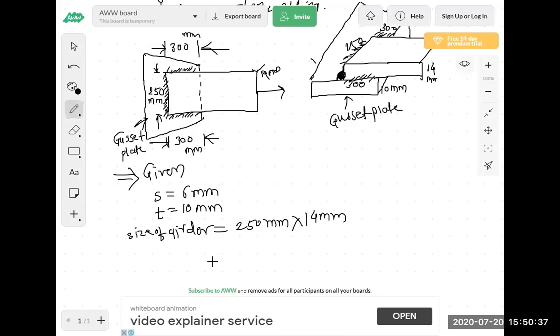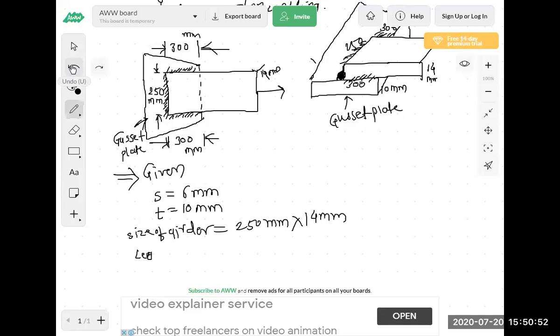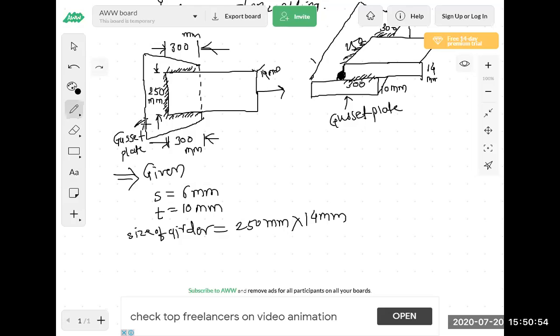Then again they have given the length of weld. So here the length of weld we will calculate at the time of solving the problem, because we have to calculate the effective length of the weld in our step number 3. The figure is given, so from the figure we will calculate the length of weld.